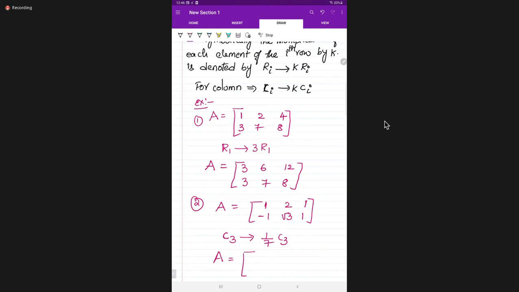Here I am applying a column operation. In the third column, multiply with 1/7. The first two columns stay as they are. Now in the third column, 1 into 1/7 is 1/7. Understood all of you? Yes, ma'am.